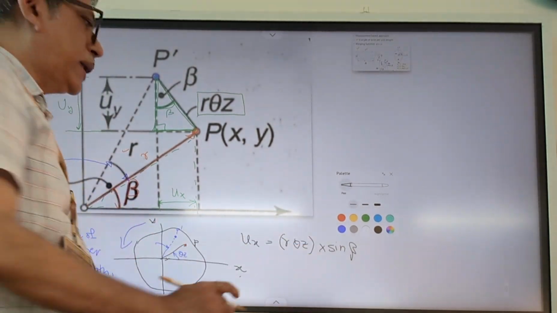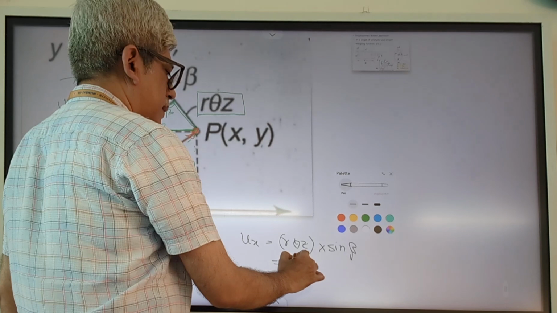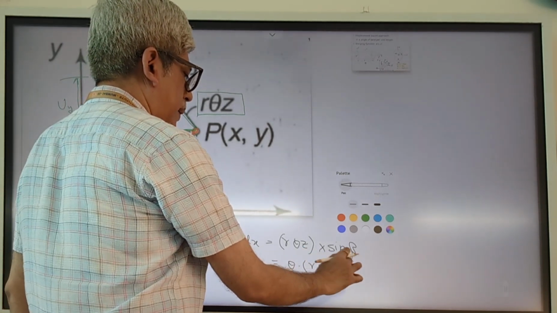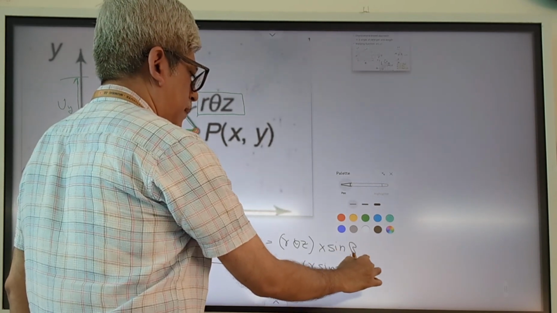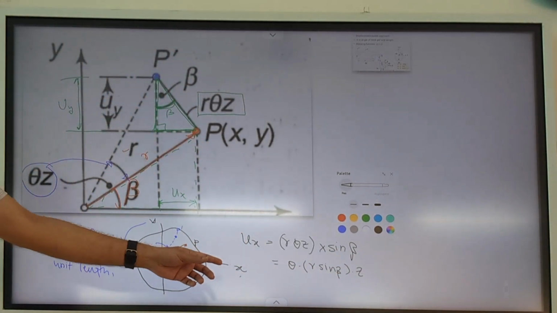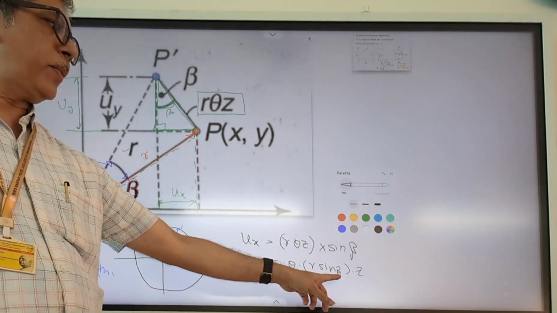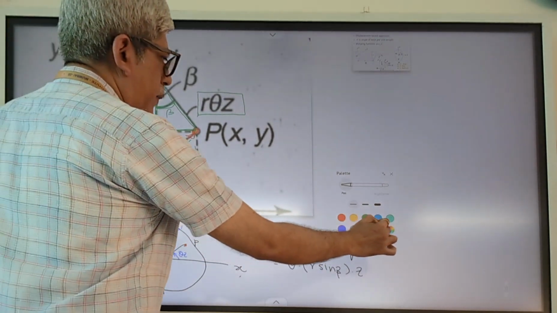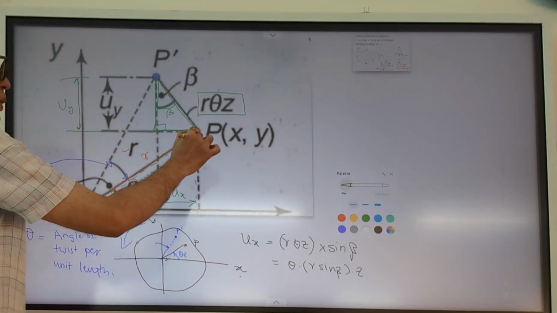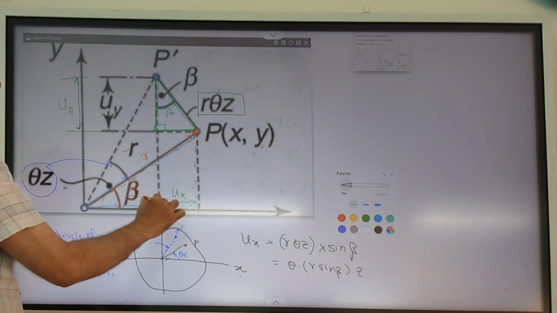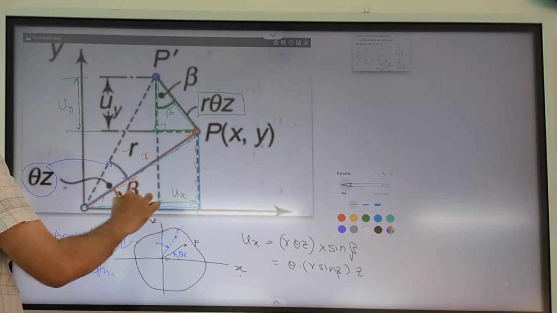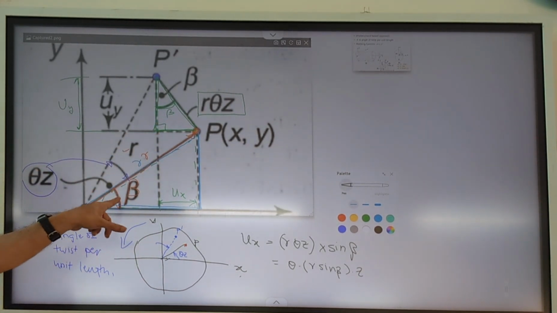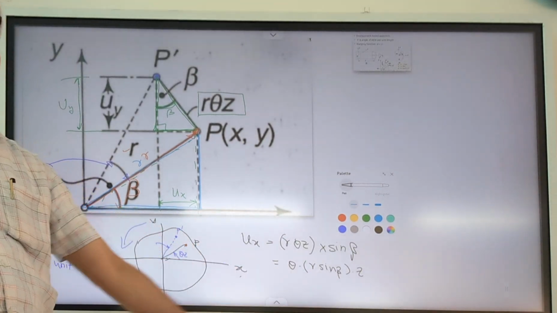Okay, now we'll simplify this. We'll write this equation as theta multiplied by r sine beta multiplied by z. So I just rearranged the terms. Now look at the triangle which is shown here, where this dimension is r and this angle is beta. Can you tell what is the value of r sine beta?